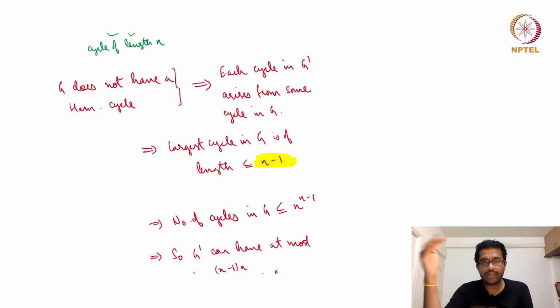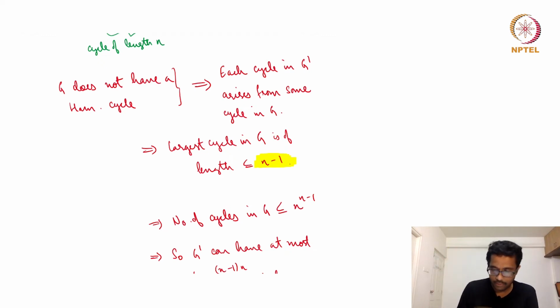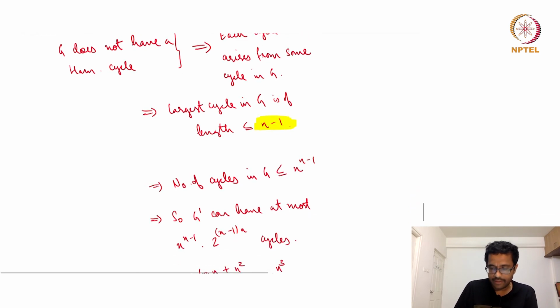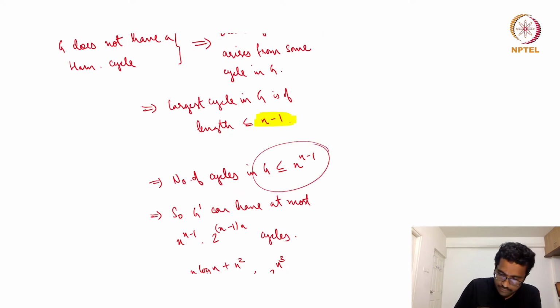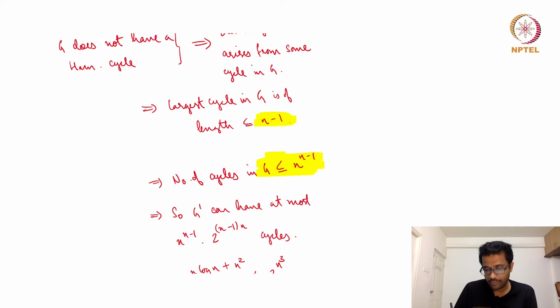So there are n power n minus 1 ways to choose a cycle of length n minus 1 or smaller in G. So this is an upper bound, n power n minus 1, on the number of cycles in G, and each cycle is of length at most n minus 1.